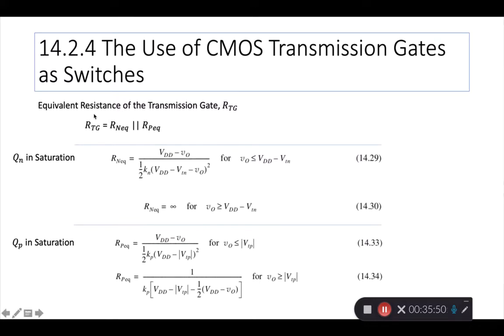This equivalent resistance of the transmission gate, RTG, is Rn for the n-type device in parallel with Rp equivalent for the p-type device. For Q1, the n-type device in saturation, there is a formula. For Qp in saturation, there is a formula like this. So you have to do this, then you have to find RTG.